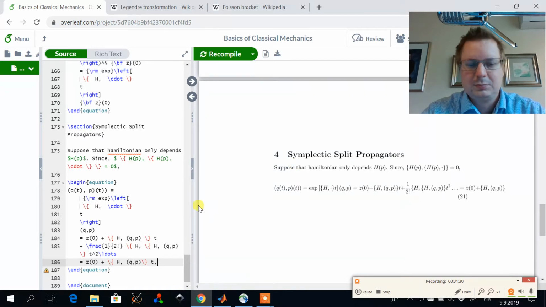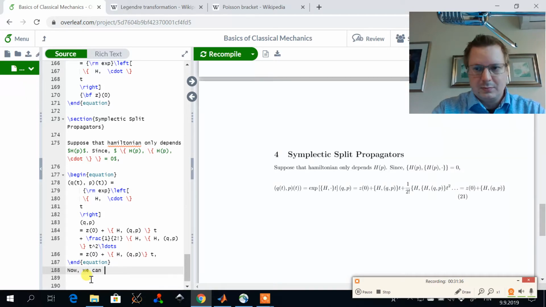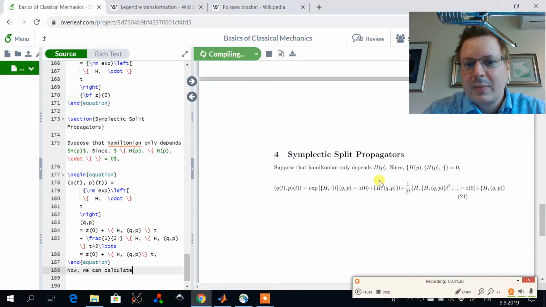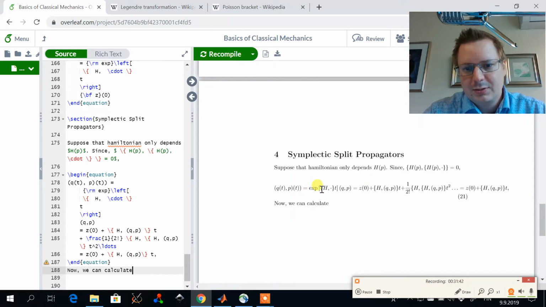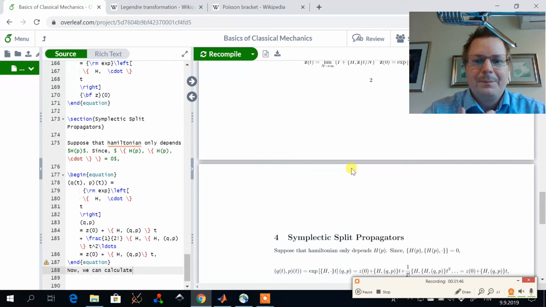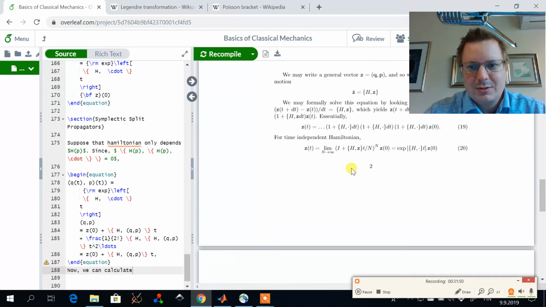What is important is that this is a so-called canonical transformation as well. We're doing infinitesimal canonical transformations, which are time translations. We are moving the system forward in time.